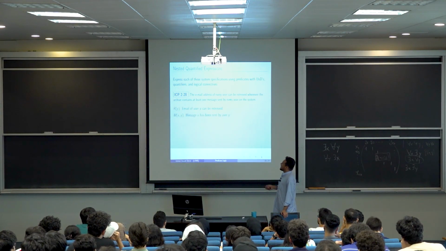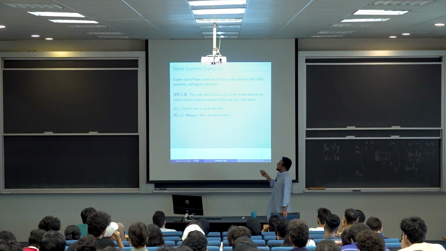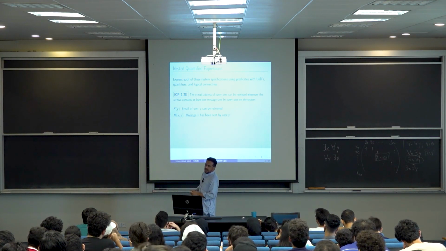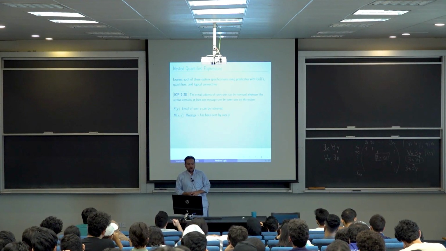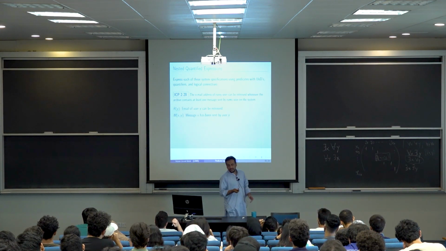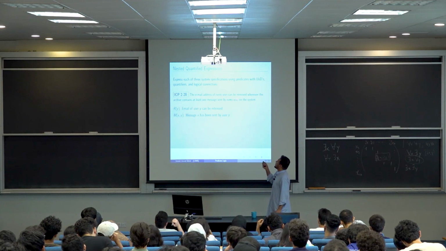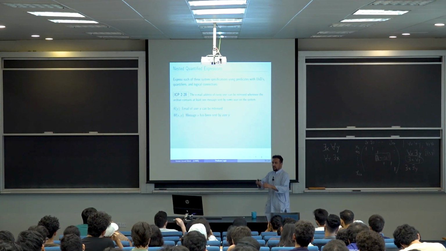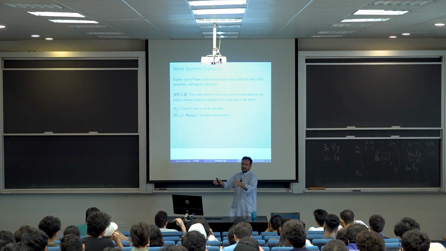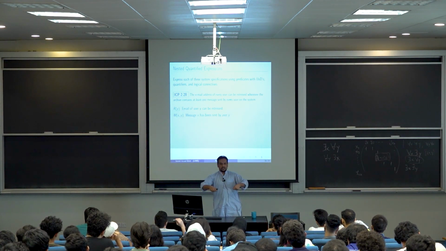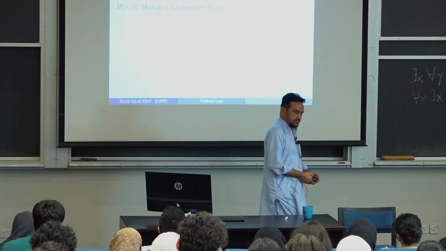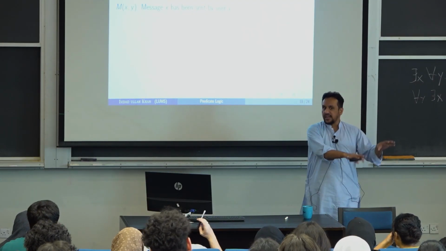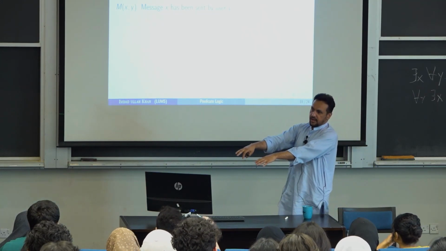So let me just say R(y) is the email of user y can be retrieved. So the first part of this sentence is for all y, R(y). That means the email of every person y can be retrieved. Does this make sense? Now there is a condition for that. So there is something implies for all y, R(y).